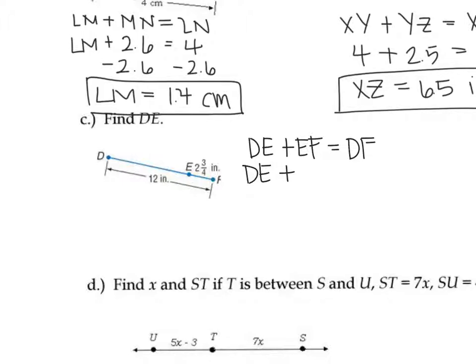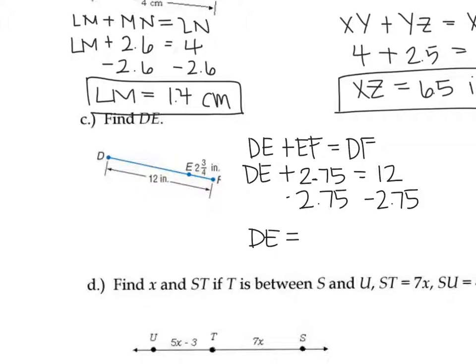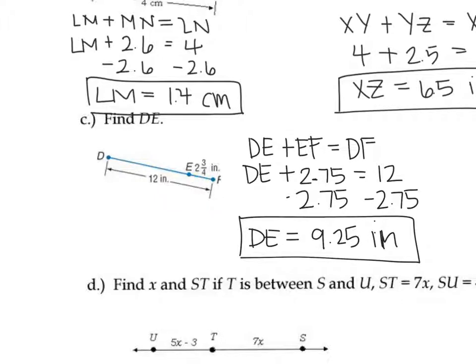Just like the previous example, I'm going to write it as a decimal, so we get 2.75 equals DF, which has a length of 12 inches. Similar to the first example, we're going to subtract 2.75, and we get that DE equals 9.25, or 9 1/4, and then our units, which are inches. And that is the length of our segment.